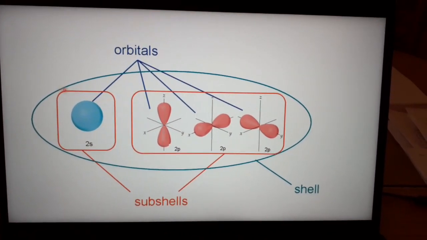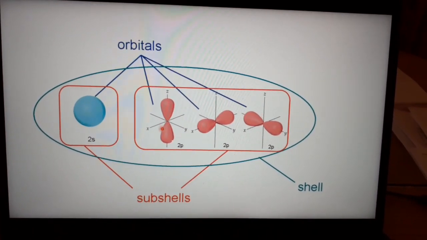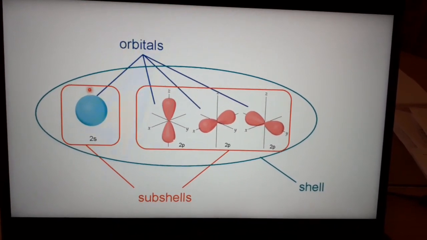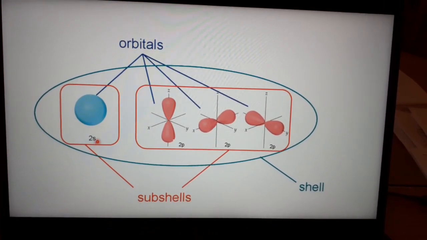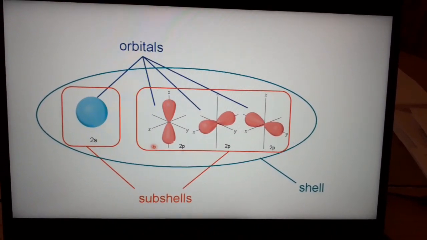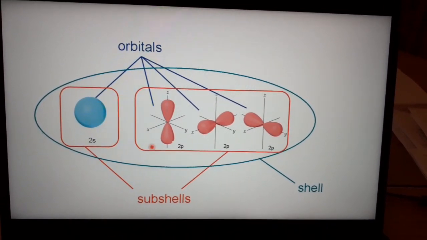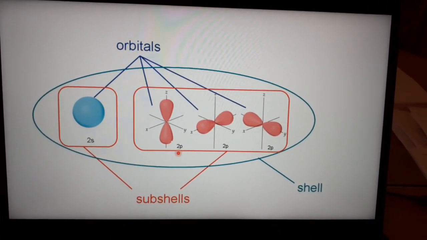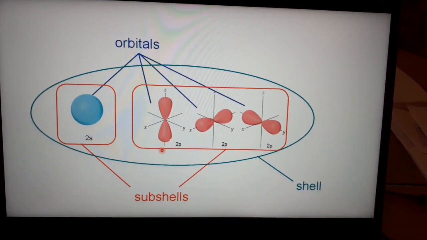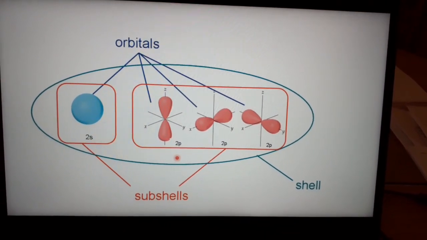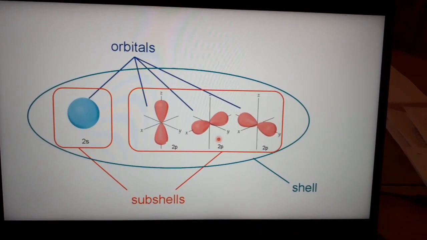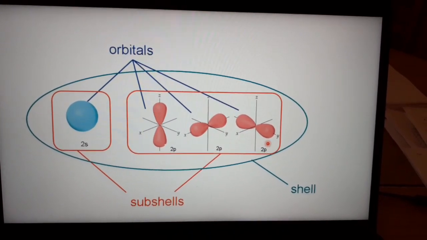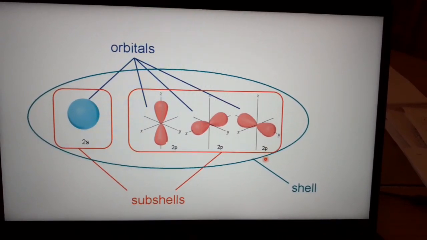So according to quantum mechanics, the orbital concepts look like this. The s orbital is spherical, and the p orbital looks like this. px is along the x-axis and looks like this shape, then py, and then pz, right?